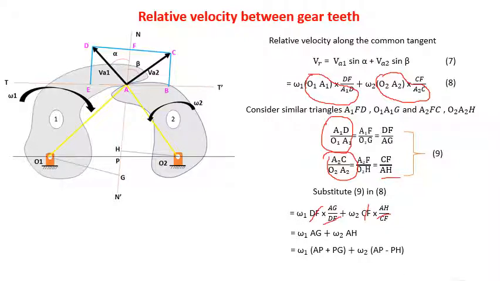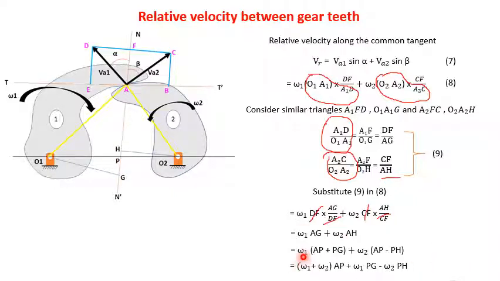Next, this AG can be written as AP plus PG, and this AH can be written as AP minus PH.